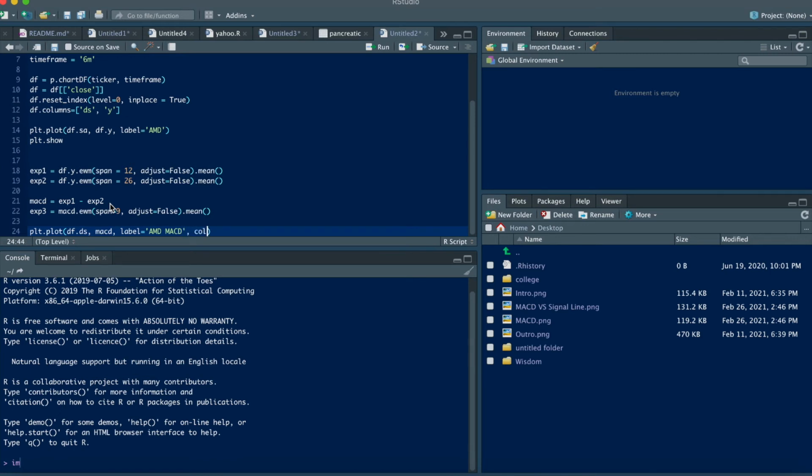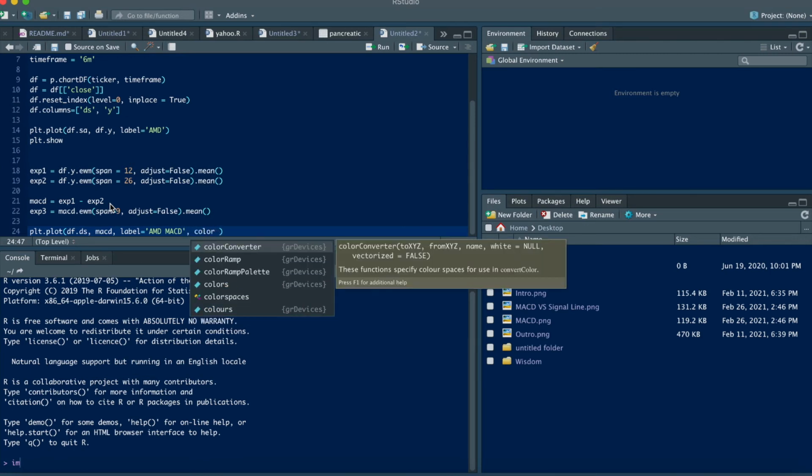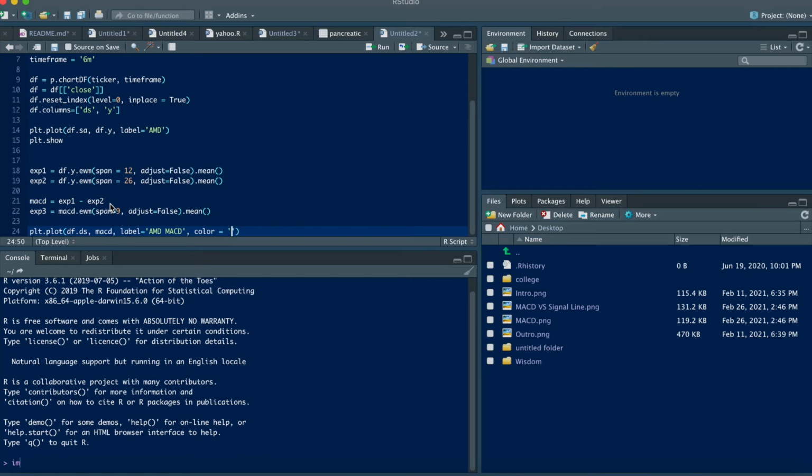Something you need to pay attention to is you can't just write blue or green. You need to go onto a website and pick a specific color. So my desired color has a pound number of EBD2.